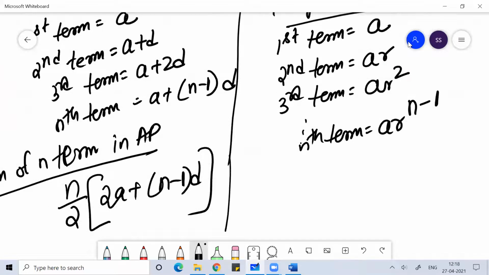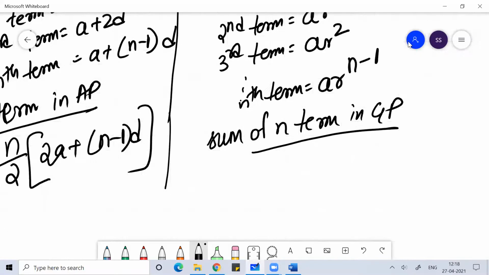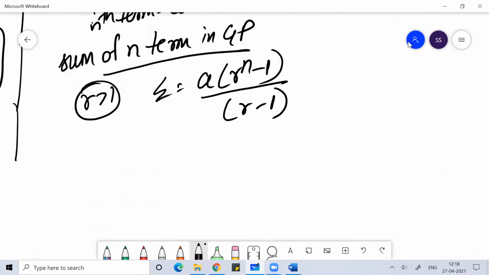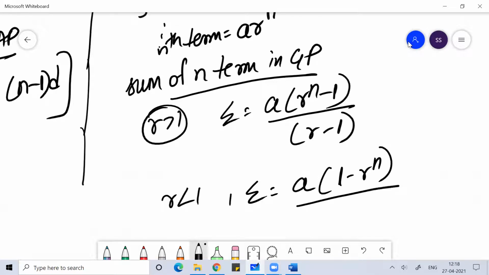While for the sum of n terms in GP, if your ratio is more than 1, then the sum formula is A into (R to the power n minus 1) by (R minus 1). While if your ratio is less than 1, then your sum formula is A into (1 minus R to the power n) by (1 minus R).